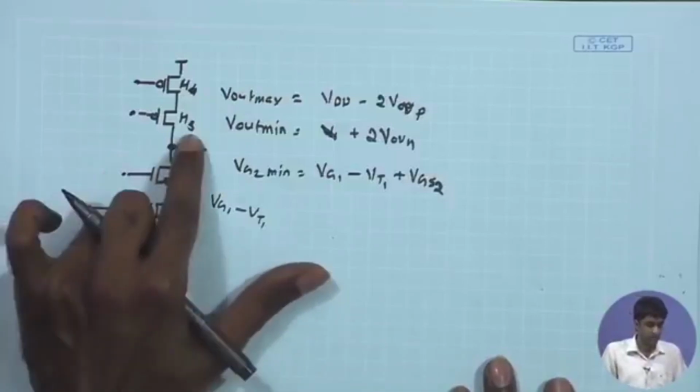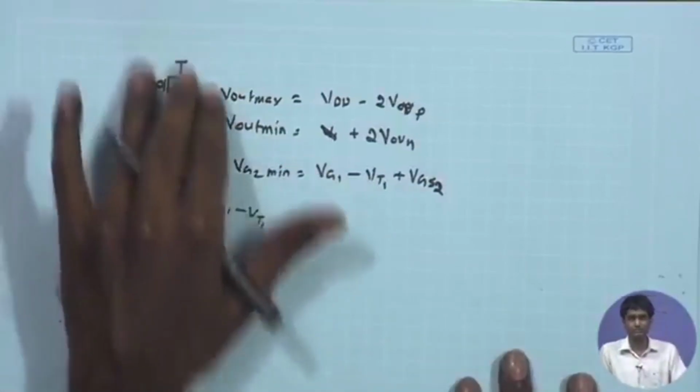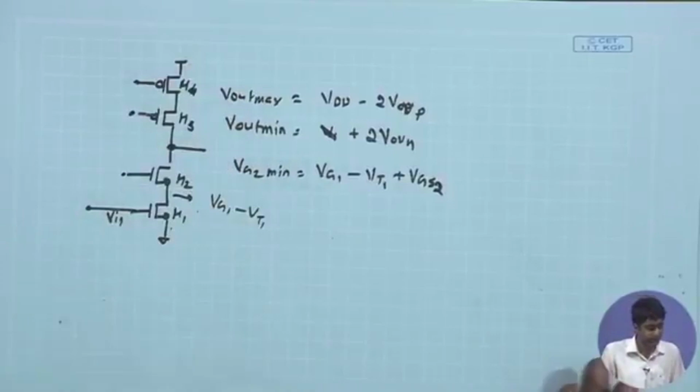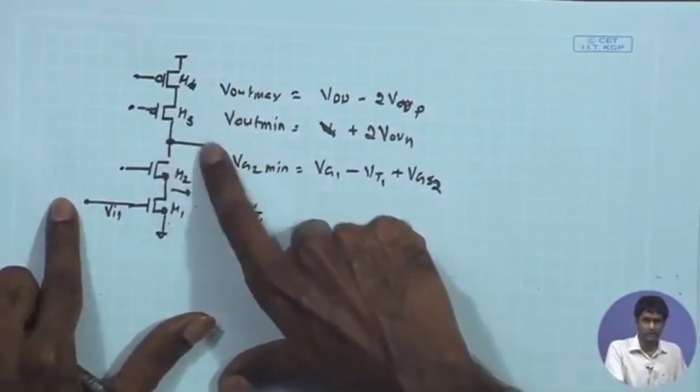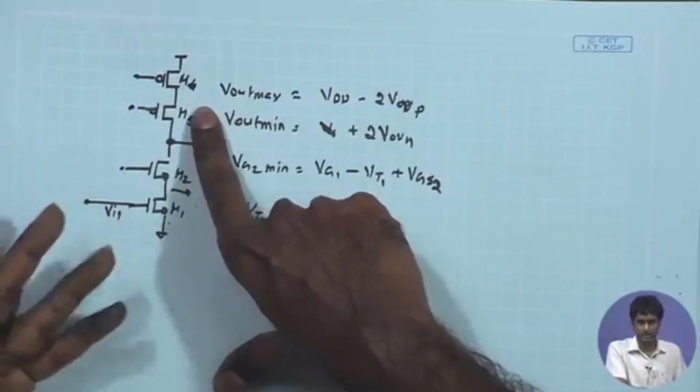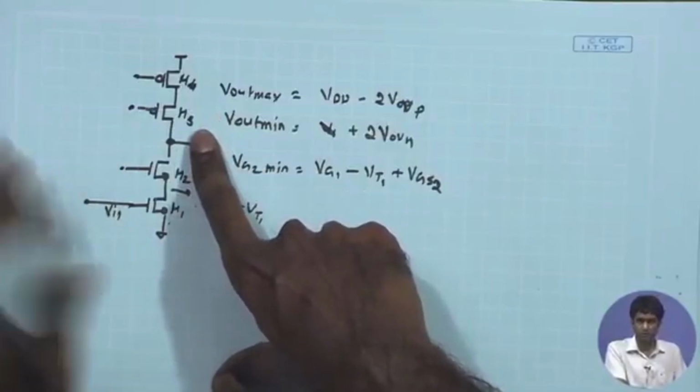Now, the signal swing over here of course depends upon the overall signal swing over here in the open loop case. So, if I am just using this amplifier in the open loop, I do not worry about signal swing, because the signal swing over here will be dictated by the maximum signal swing over here divided by the gain. Maximum signal swing is maybe 1 volt for a 1.8 volt supply.